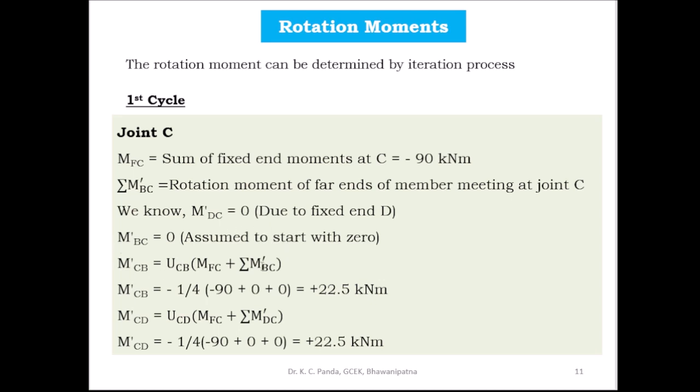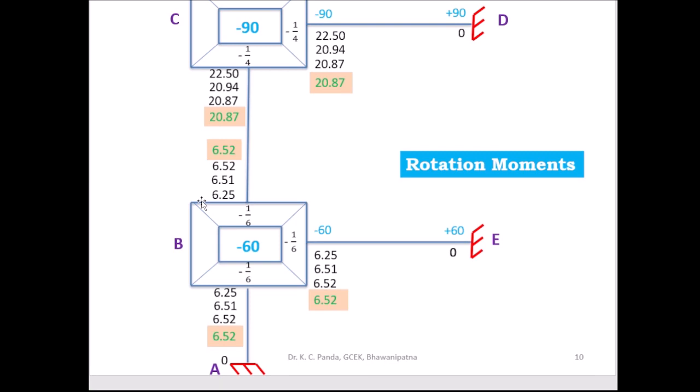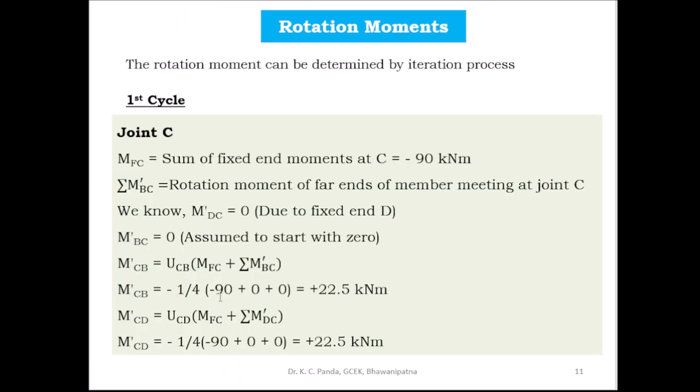Using this formula, find the near end rotation moments. M-CB is equal to UCB into MFC plus the summation of far end moments. You know UCB is equal to minus 1 by 4, into the fixed end moment of joint C, minus 90, and the far end rotation moments are 0 in the first cycle. So minus 1 by 4 into minus 90 plus 0 is equal to plus 22.5 kilonewton meter.